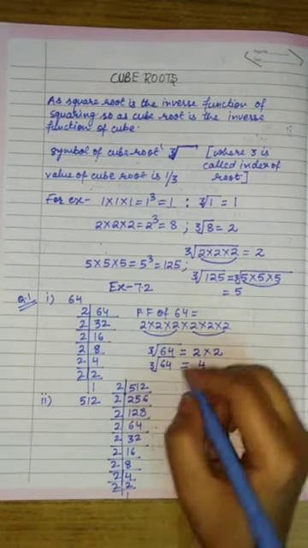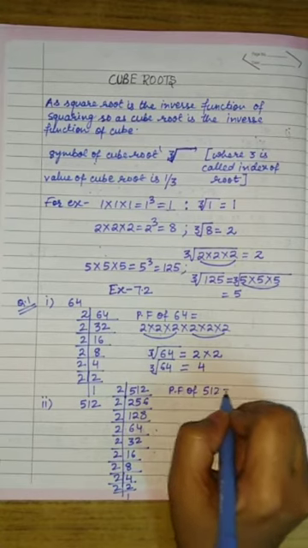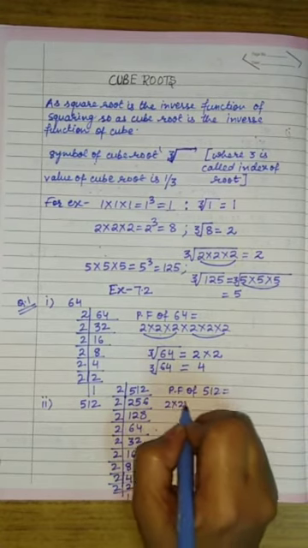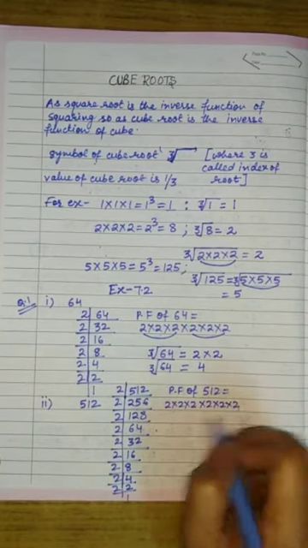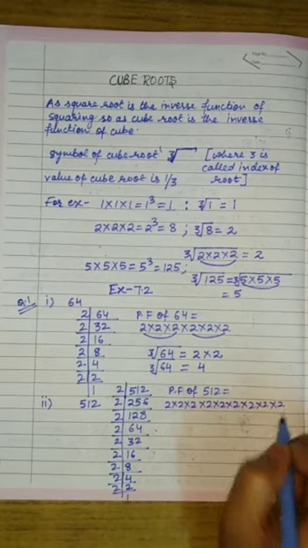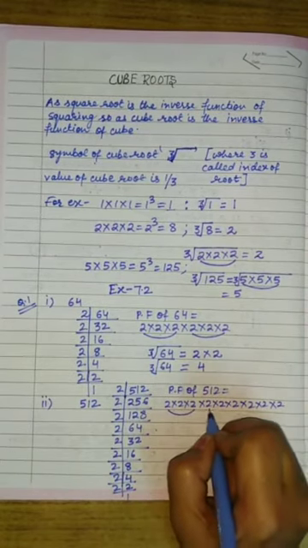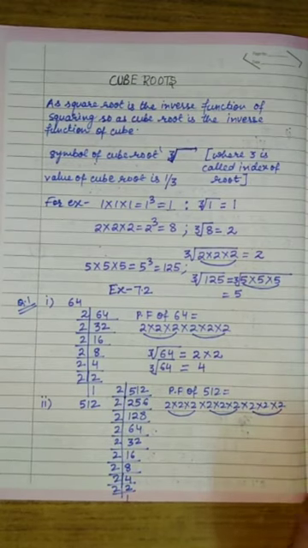Now prime factors of 512 are 2 into 2 into 2, then 2 into 2 into 2, then 2 into 2 into 2. You can see all the factors of 512 are occurring in triplet form.